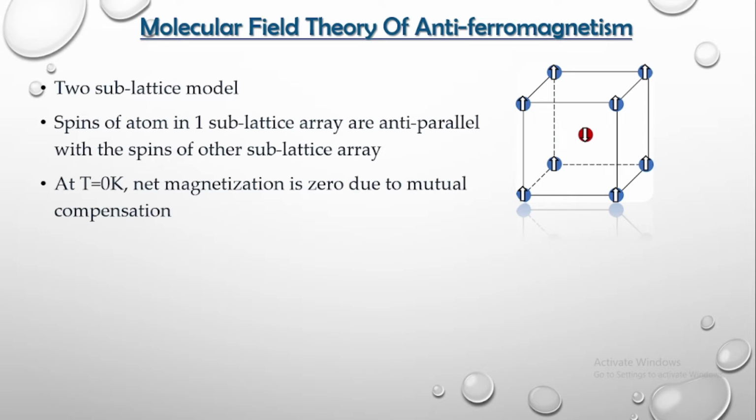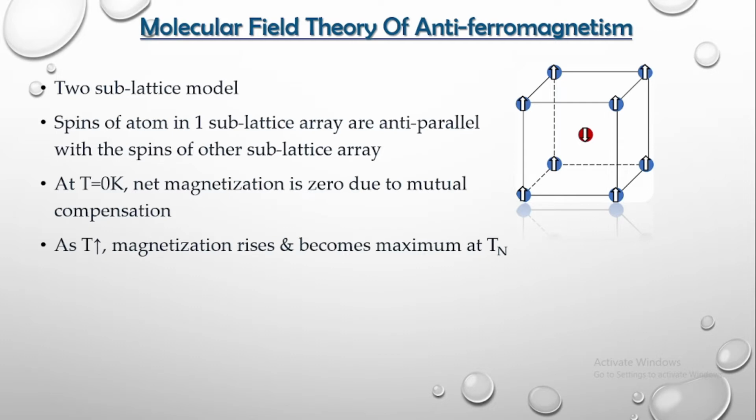But what happens if temperature changes? As the temperature is raised, the antiparallel arrangement of spins is gradually disturbed. Whenever spins are not exactly antiparallel to each other, the net magnetization will not be equal to 0.